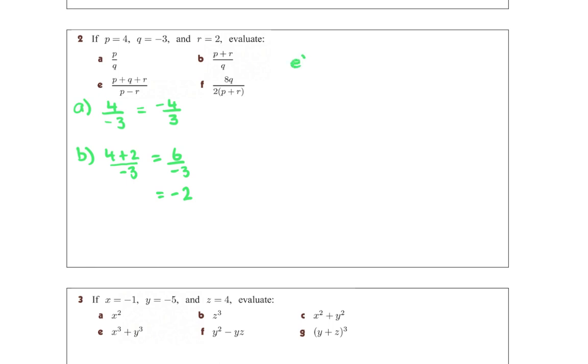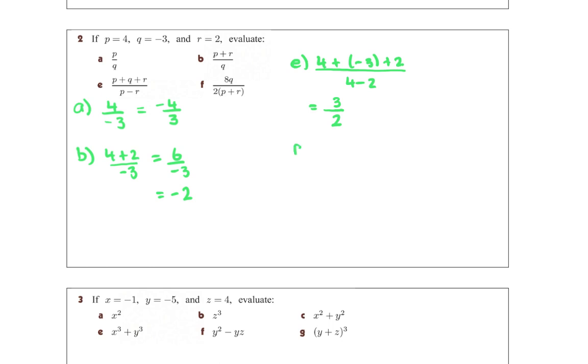Let's do E together. So P plus Q plus R, 4 plus -3. You can see I've put that in brackets just to keep that nice and clear. 4 minus 2. Now you could just put that whole expression in your calculator, that would be fine, or you can do it in your head and get 3/2.